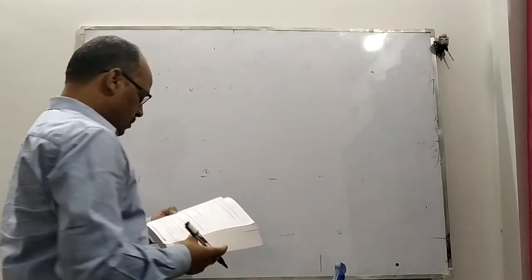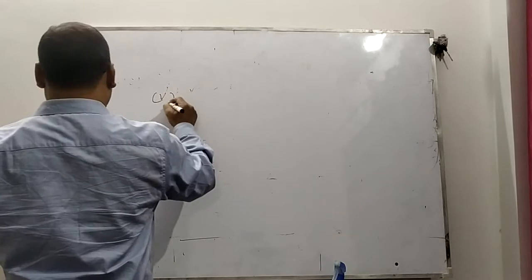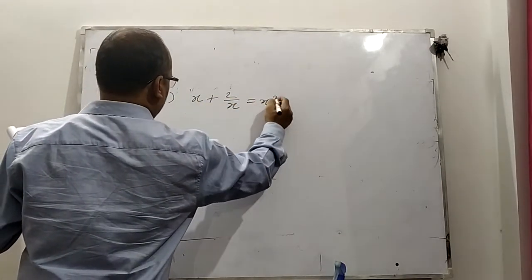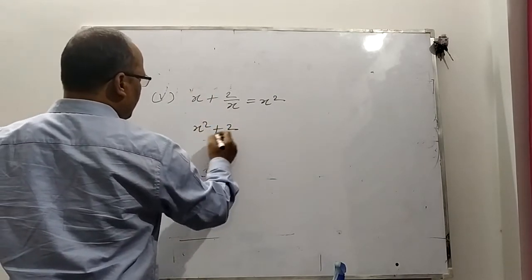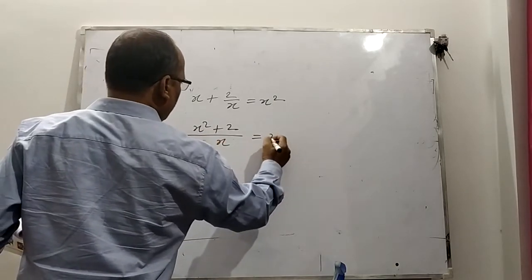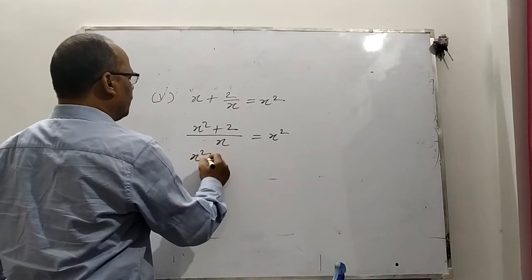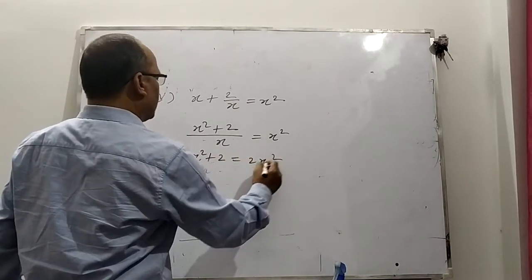Now see one more question, question number 5. ax plus 2 upon ax equal to x square. You simplify this. ax square plus 2 upon ax equal to x square. ax square plus 2 equal to 2x square cube.